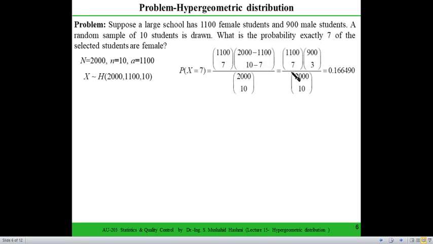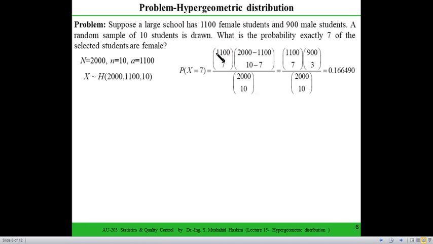Here, if you use your probability mass function to calculate the corresponding probability of getting exactly x equal to 7, you have altogether in the denominator 2000 students, and you need to pick 10. And out of 10, you are interested in having 7 be females.